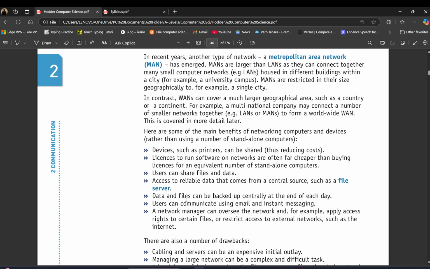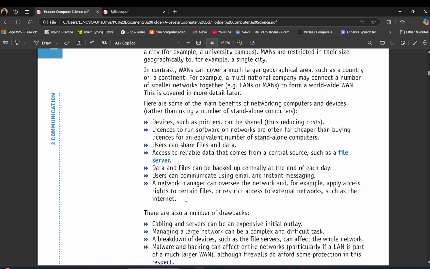You could also establish a central server to back up data, resources, etc. And you could have your own system of communicating between devices that would ensure that your data and messages stay within the system and are not openly accessible to people on the internet. And you could hire a network manager who can have control over whatever is happening. So this would ensure that no illegal or unethical activities are happening in the network.